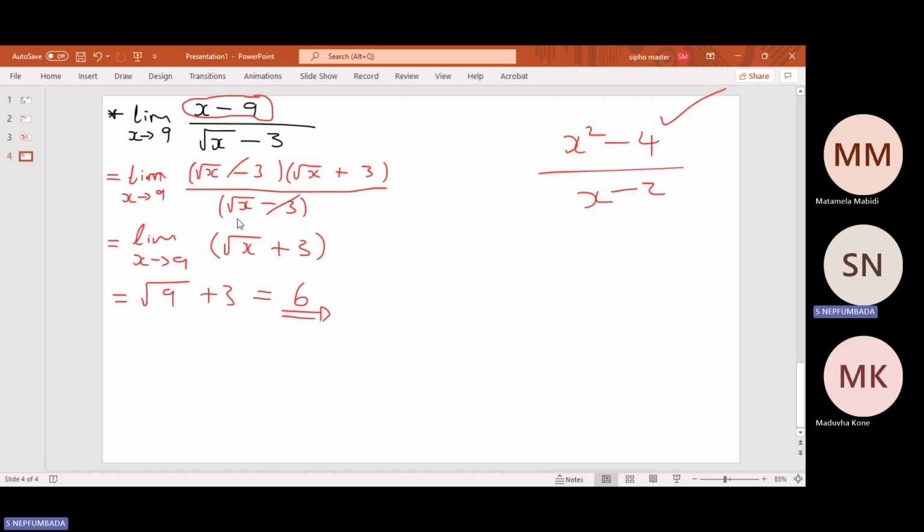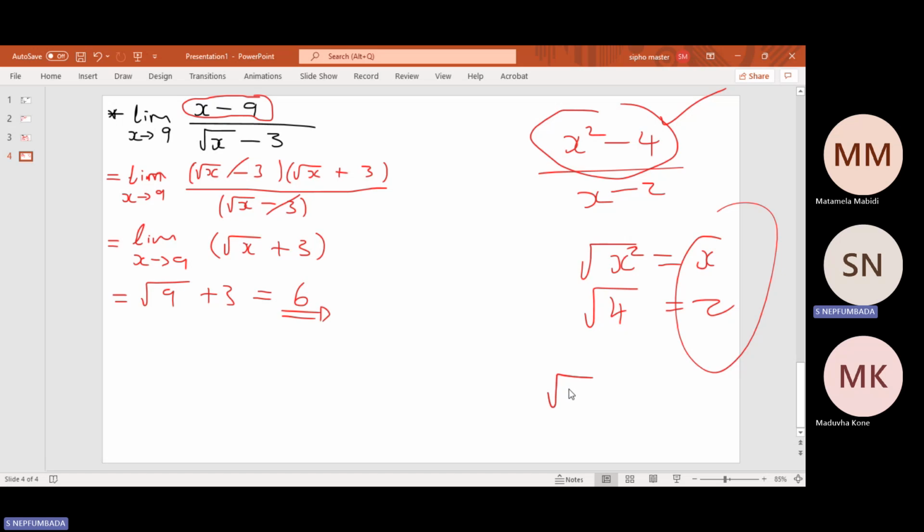So this is the difference between two squares. How do we factorize this as a difference between two squares? We take the first one and we put it inside the square root, and we get what? x. We take the second one, we put it inside the square root, and we get what? 2. Our factors are x and 2. And for that one, we take the first one, put it inside the square root, we get square root of x. We take the second one, we put it inside the square root, we get 3. So our factors are square root of x and 3.